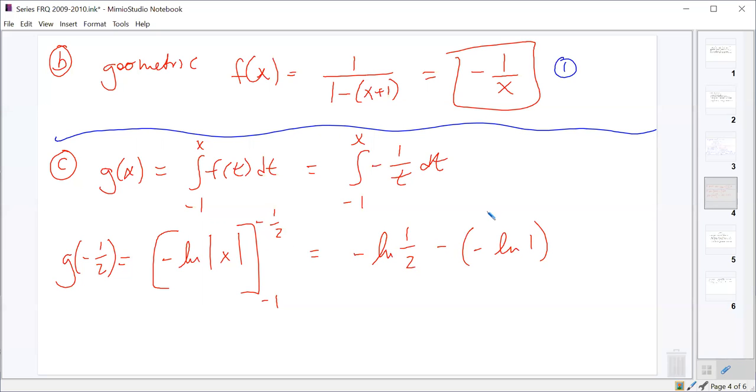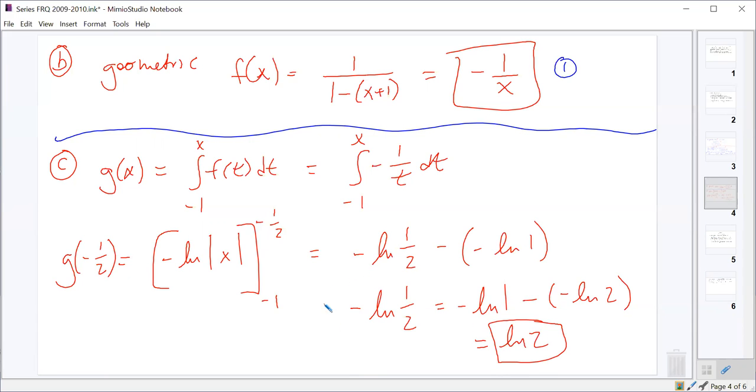Natural log of 1 is 0, so all that second step just cancels out, and you get negative natural log of 1/2, which we would normally rewrite as negative natural log of 1 minus negative natural log of 2. First part goes away and just gives us natural log of 2. If you left it as negative natural log of 1/2, I think they'd give you the points for that too.